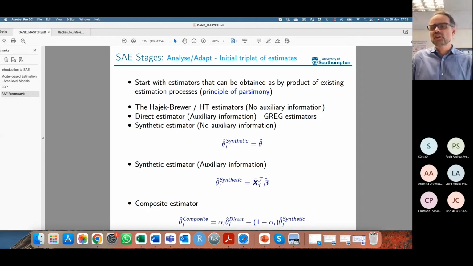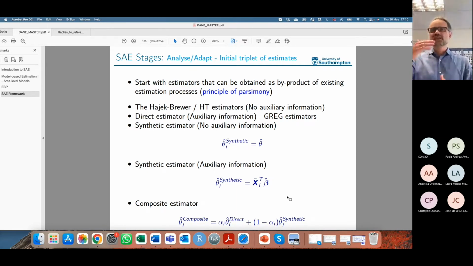You have auxiliary information that is known at the population level in the area. You combine that with the estimated model parameters under your model, and that will give you a synthetic estimator. Okay, and obviously you can use composite estimators, and Angela described the issues with the composite estimators in terms of estimating the bias and estimating the mean squared error and so on.